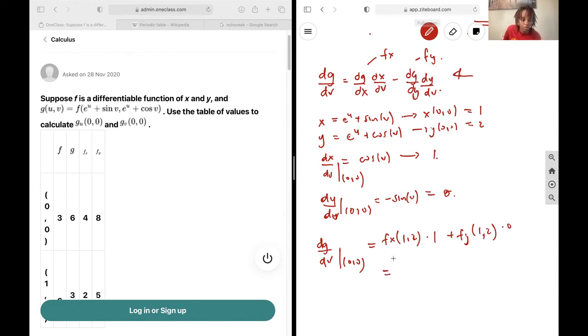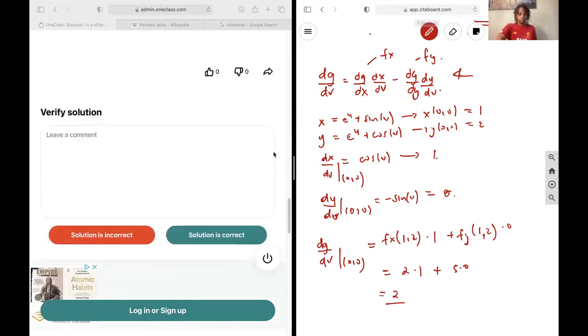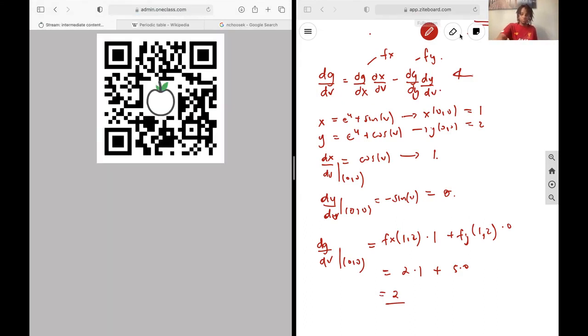That is going to give us 2 by 1 plus 5 by 0, just leaving us with 2. And that's going to be your final answer for this one.